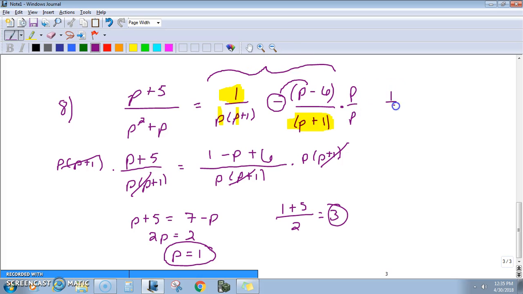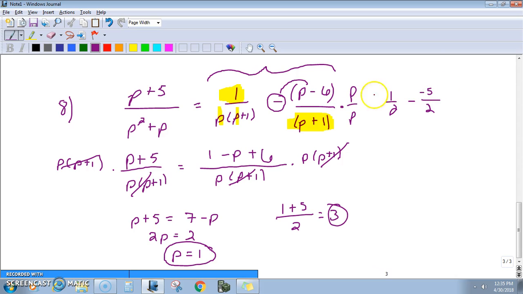Okay, so we have 1/2 minus, and then what happens here? We have also over 2, because we know that's got to stay the same. We have the same denominator. And then 1 minus 6 would be negative 5.